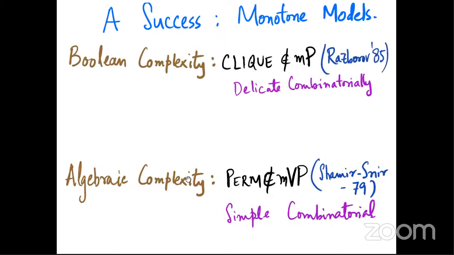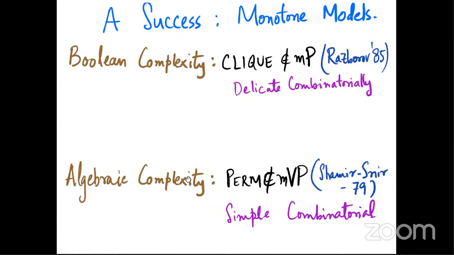Now, in the Boolean world, you can ask the same question. You can make your circuits monotone, and you can take a monotone function like clique, where now you're given a graph. The input is the edges of a certain graph, and you're asked the Boolean question whether this graph has a clique of a certain size. Now, that's a monotone problem in the sense that if I add edges to my graph, a clique that was present cannot go away. If there was a clique present, it would continue to be present as long as I keep adding edges.